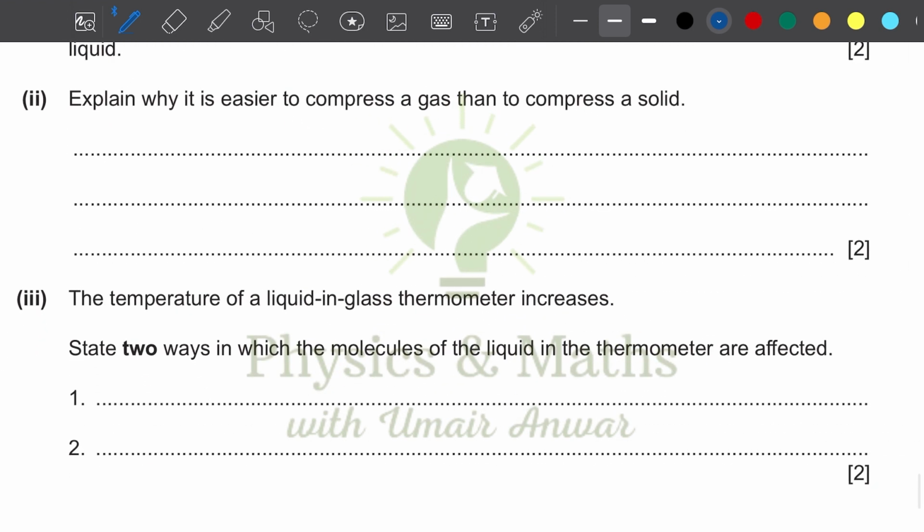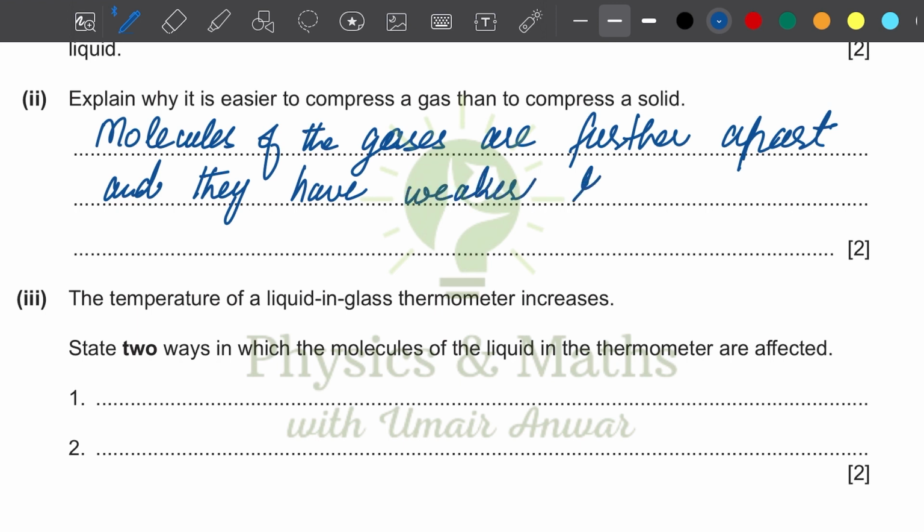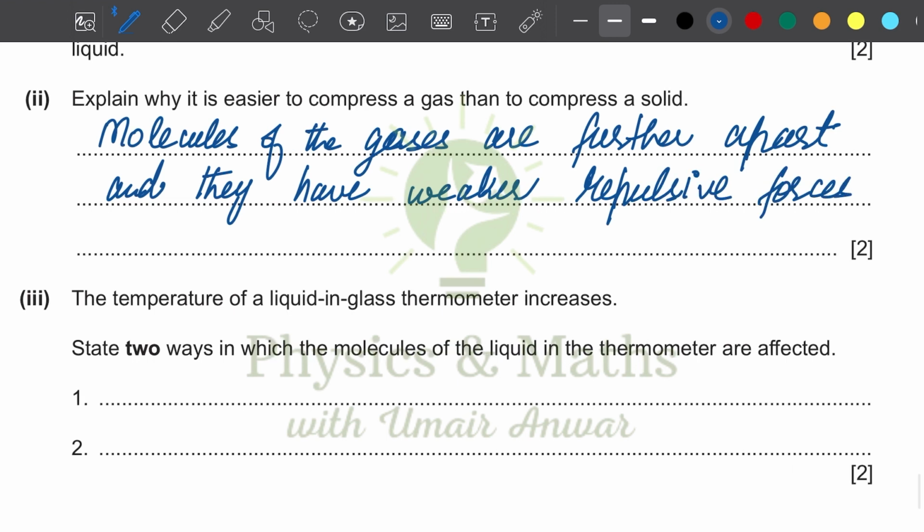So the reason is that molecules of the gases are further apart and they could be brought closer to each other because they have weaker repulsive forces amongst them. So that is why they can be compressed and brought closer to each other.